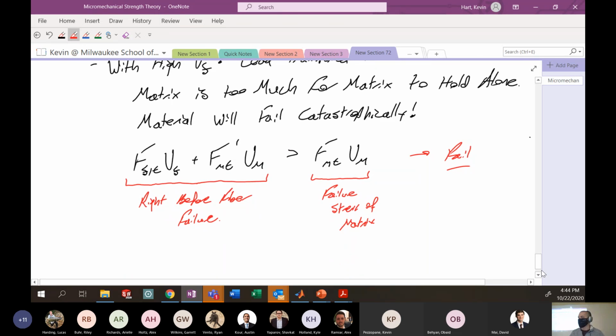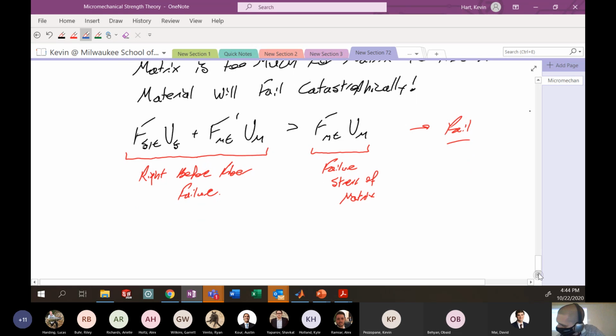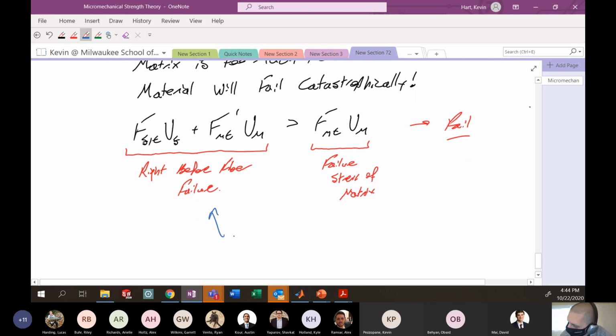All right. So in that situation, this would be the governing strength of that composite.